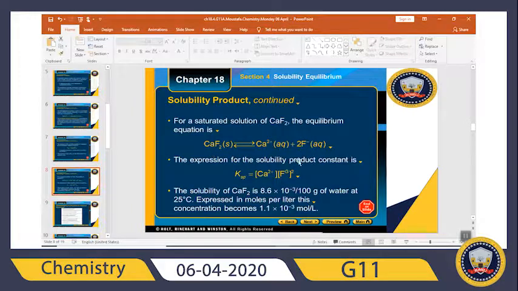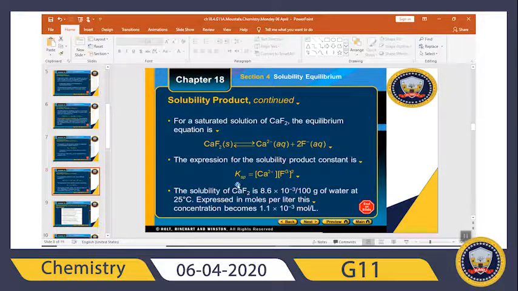But here, to balance the equation, you put 2 before fluoride, because Ca is in group 2 in the periodic table. So calcium fluoride is CaF2. It will ionize to calcium cation, Ca 2+, and 2 fluoride anions, F minus 1.